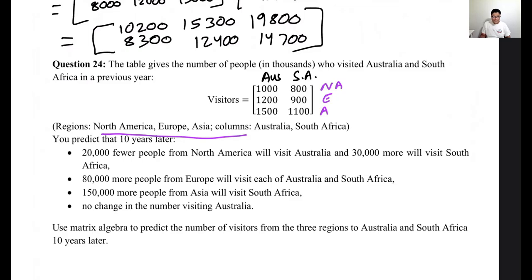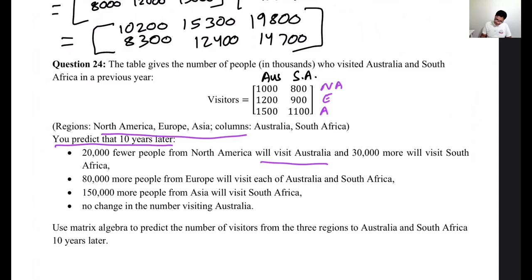And there is a prediction now. What is the prediction? There are these four rows which make the prediction. 20,000 fewer people from North America will visit, and 30,000 more will visit South Africa.